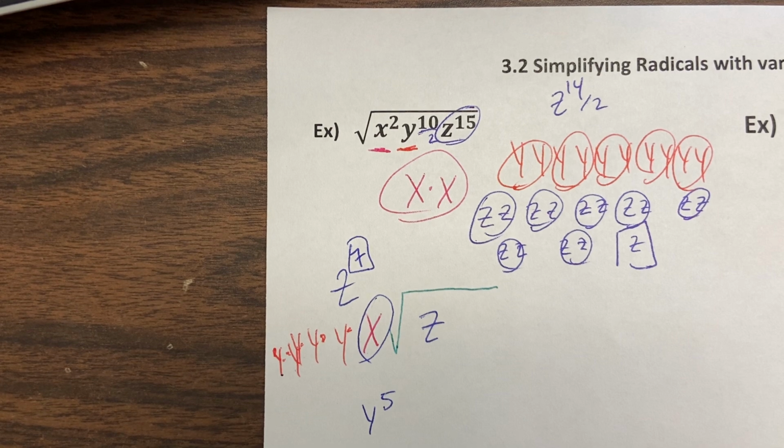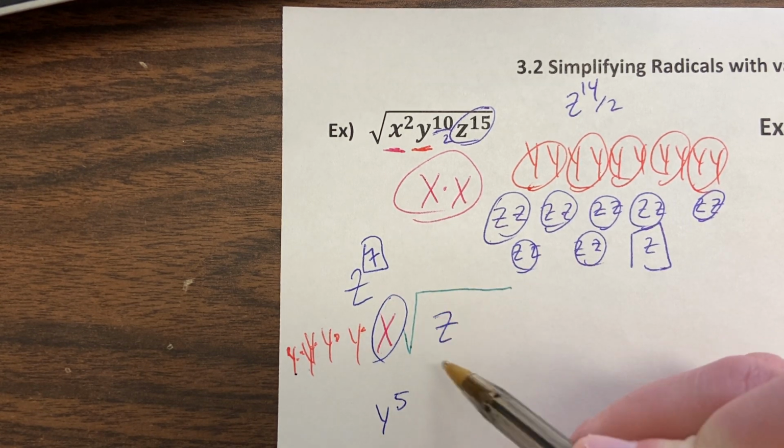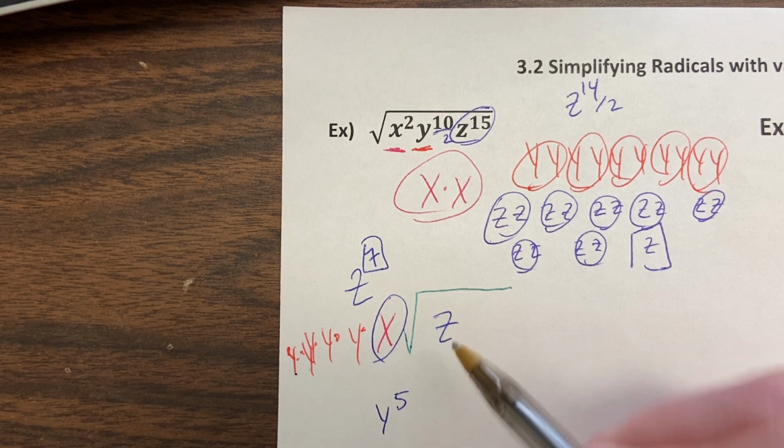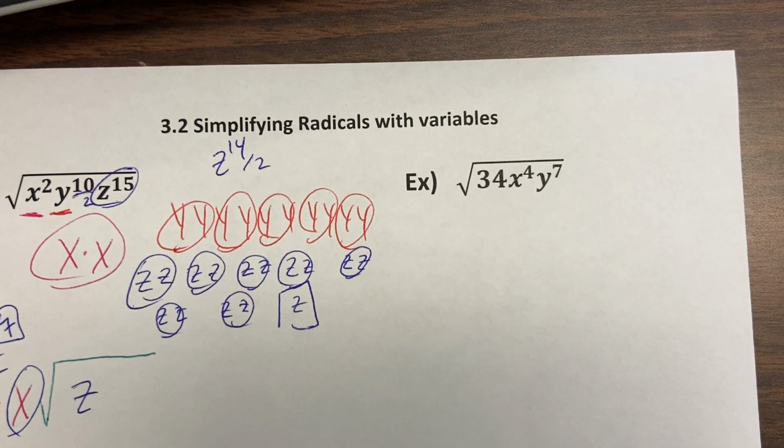Again, you're being asked to find pairs. If it's even, divide by 2 and pull them out. If it's odd, keep 1 inside of the house, then go back to dealing with the evens, divide by 2, and move them out. Anytime we're dealing with variables underneath the radical, you should have nothing bigger than 1. If you have something bigger than 1, there's going to be a pair that you can pull out.